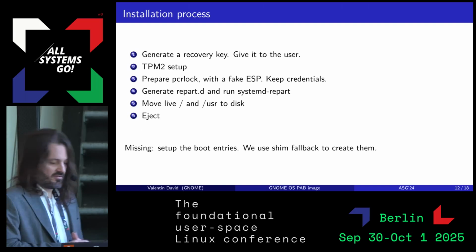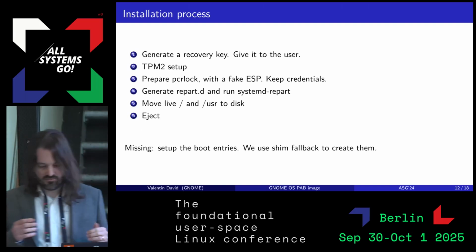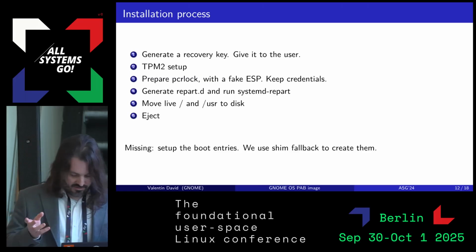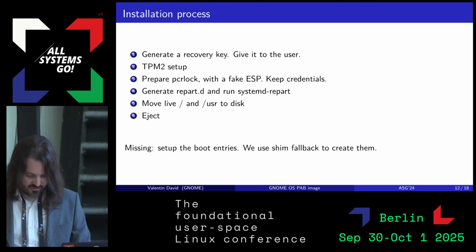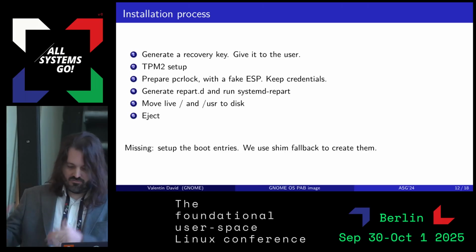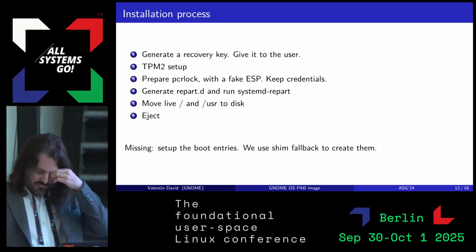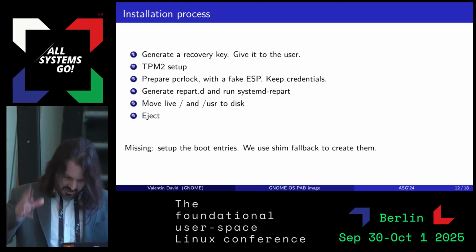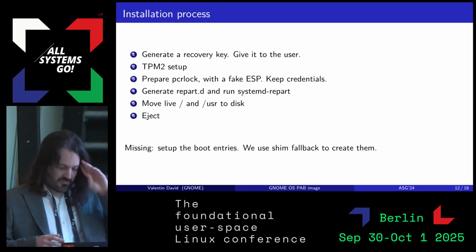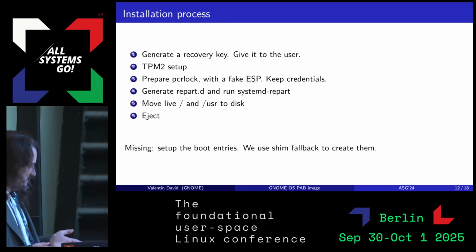This is something that systemd doesn't do, because it always expects to generate the recovery key while you create things. But what we do is we actually generate the recovery key first and give it to the user. We do a setup of the TPM.